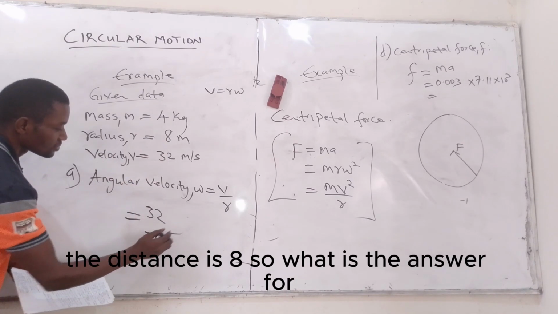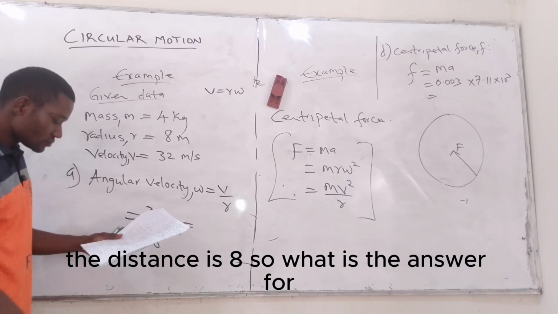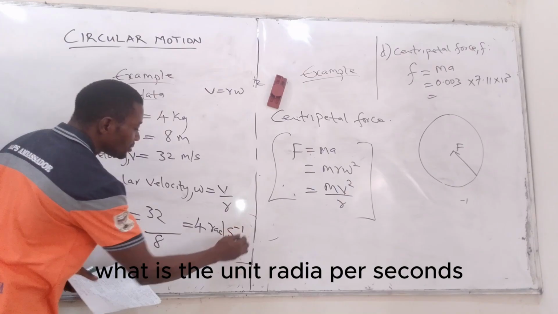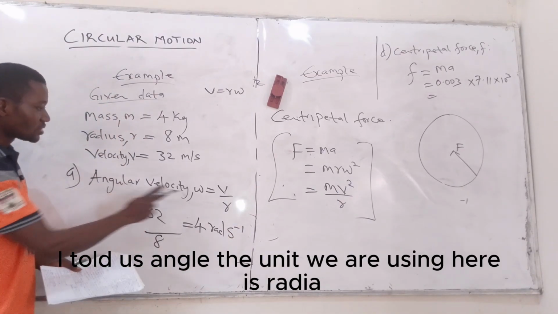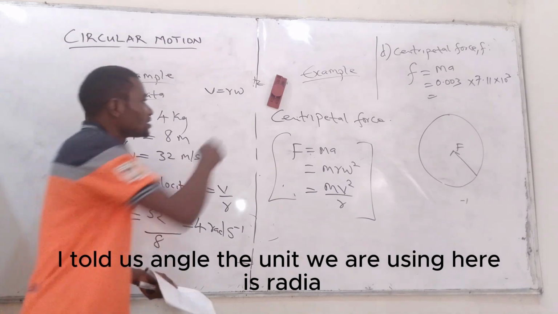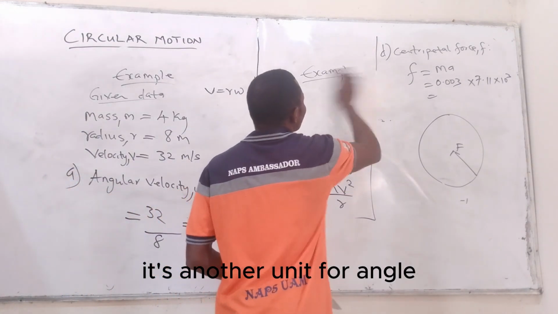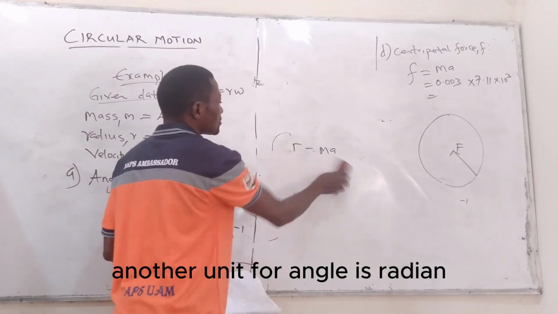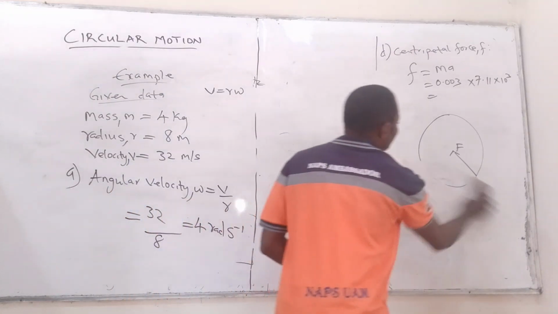So what is the answer? What is the unit? Radian per second. The unit we are using here for angle is radian. Besides the degree, another unit for angle is radian.